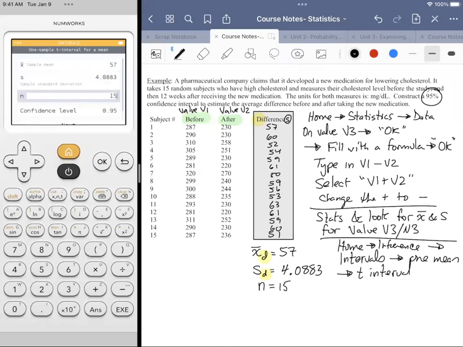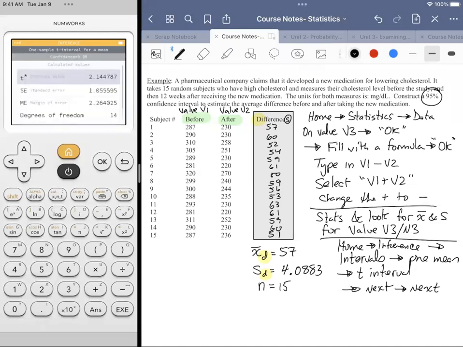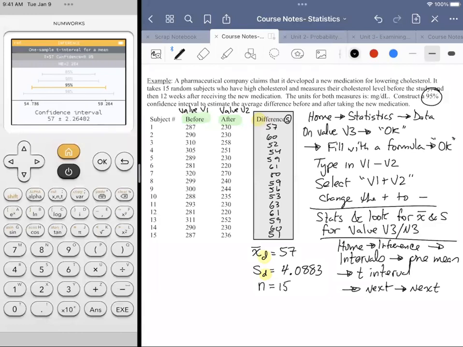And it's again 95% confidence. So next, next. And it gives us our confidence interval. So my 95% CI is going to go from 54.736 to 59.264.